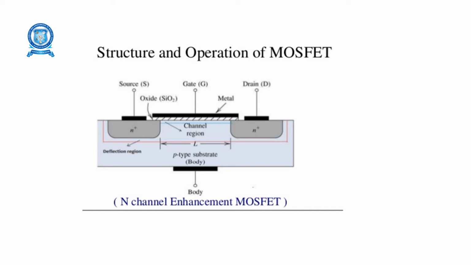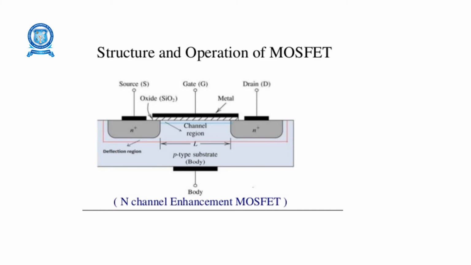In the operation of the metal oxide semiconductor, N plus is the majority charge carrier. If we use N plus, it's an N channel enhancement MOSFET. If the source and drain are P plus, it's a P channel enhancement MOSFET. With N plus, the negative charge carriers are dominant in the channel.